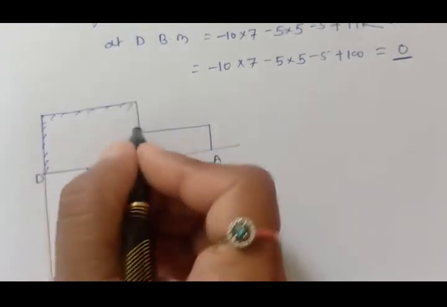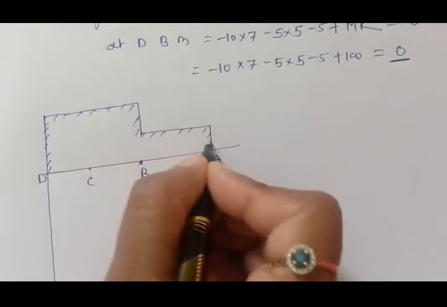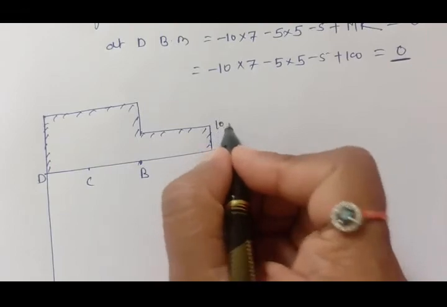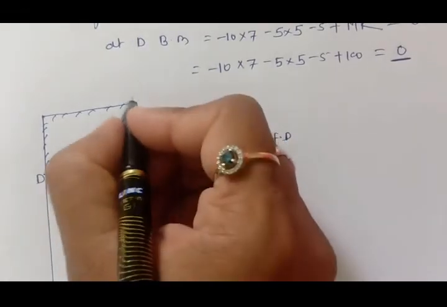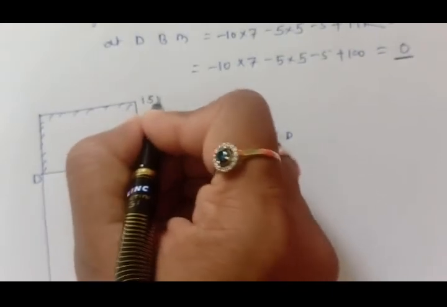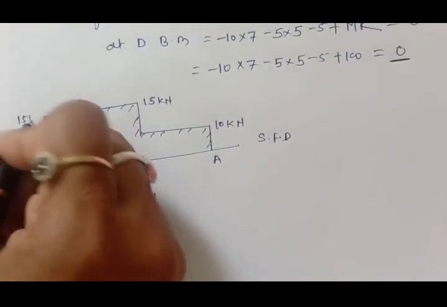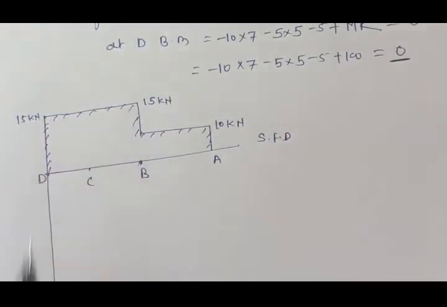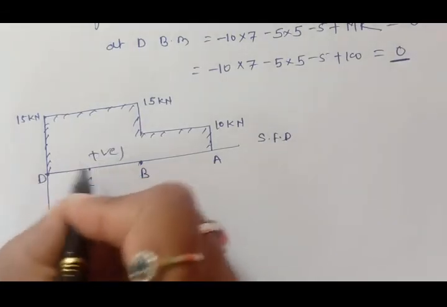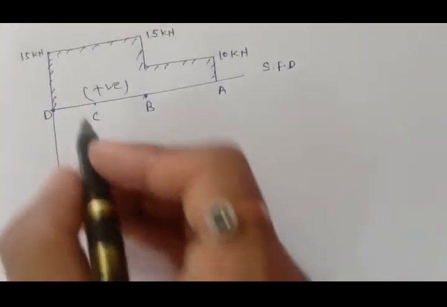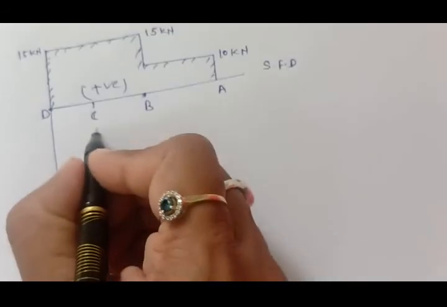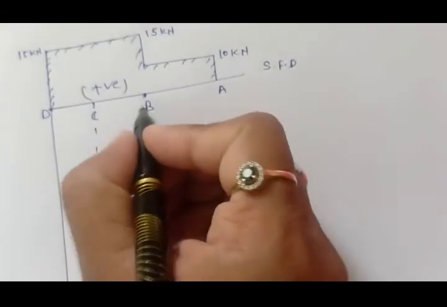This is the shear force diagram. The value is 10 kilonewton, then 15 kilonewton, then it is 0. So this is a positive shear force diagram. Now we draw the bending moment diagram for this particular problem.